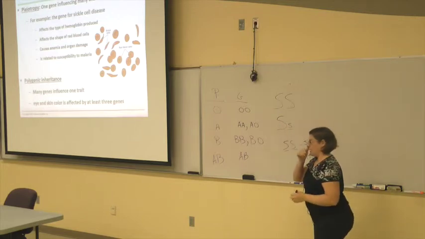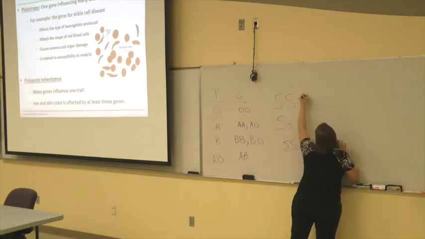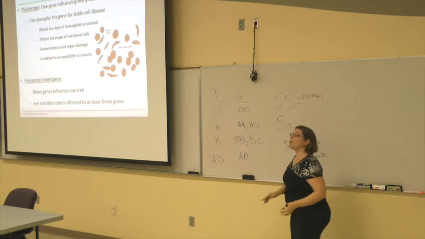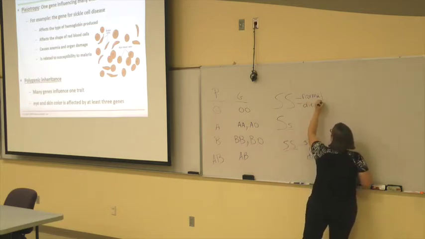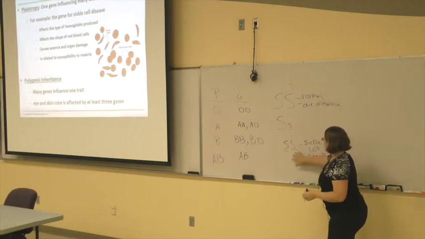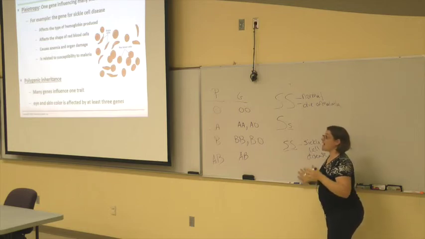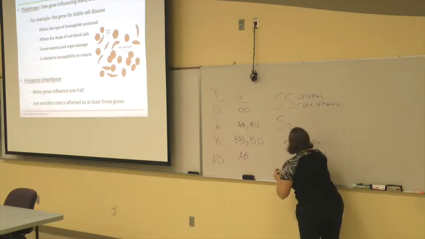If you are big S, big S, you don't have sickle cell disease, you're normal, but if you get malaria, you're probably going to die of malaria. The person who is little s, little s is going to be negatively affected by sickle cell disease. However, they are going to be almost immune to malaria.